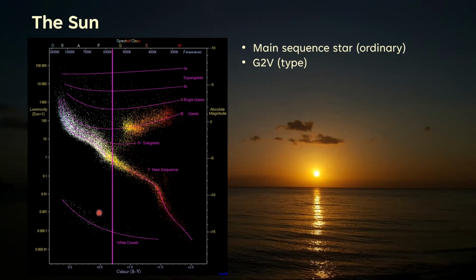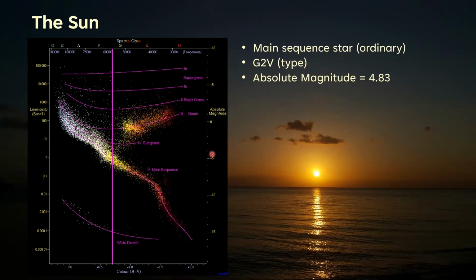If we are going to calculate the absolute magnitude of the sun, the absolute magnitude is 4.83. So the sun's absolute magnitude is somewhere here.